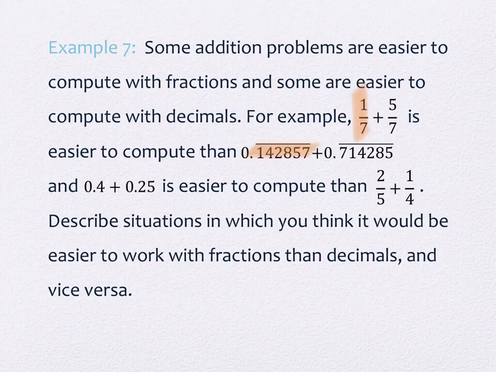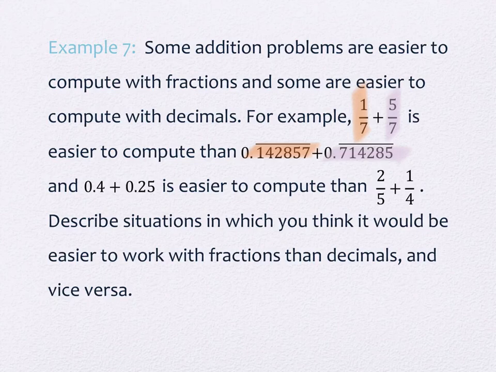This is the number 1/7, and this is the number 5/7. So if you turned those into decimals and you computed them, you'd have those two repeating decimals adding together. However, if you had 0.4 and 0.25, that would be easier to compute in decimal form than 2/5 and 1/4, which are the equivalent values in fractions.